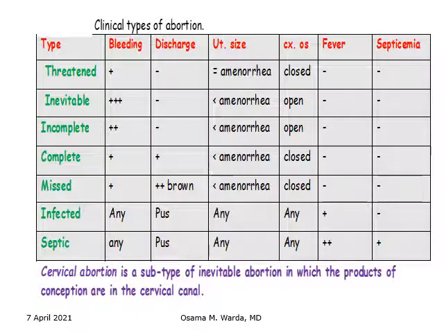Missed abortion: brownish discharge with no evidence of frank blood, and the uterus is less than the period of amenorrhea with closed cervix. Infected abortion: any of the above types, with pus extruding through the cervix, and with fever. Septic abortion with septicemia.